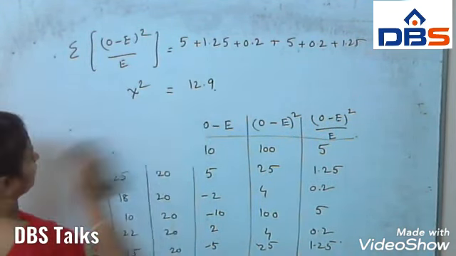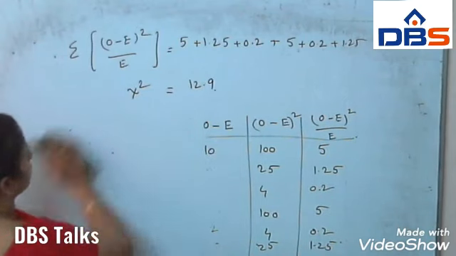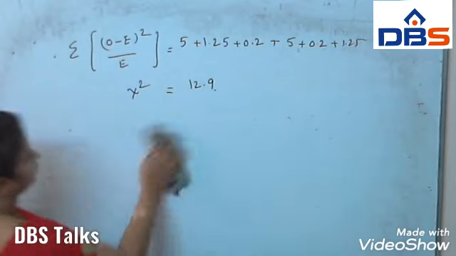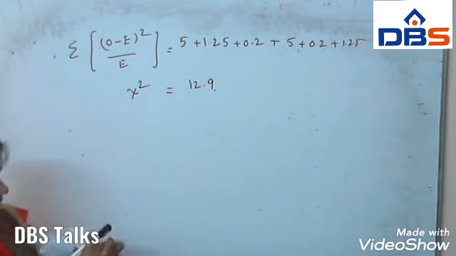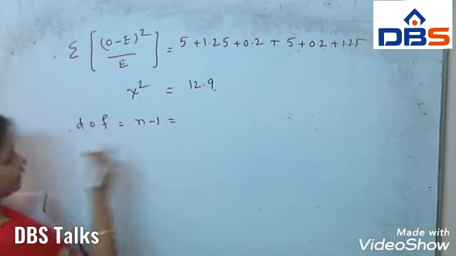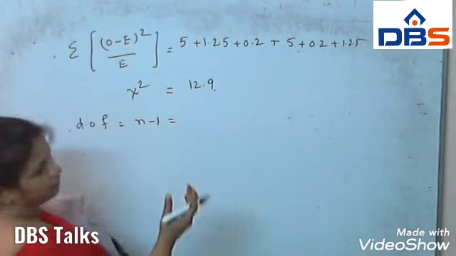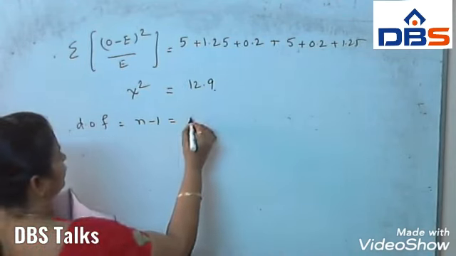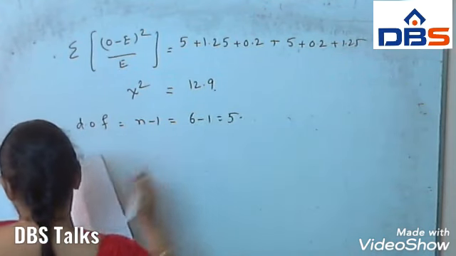Next, we have to go for the table for chi square. We have to get the value of chi square from the table. For that, degrees of freedom equal to n minus 1. N means how many values are given in the data? 1, 2, 3, 4, 5, 6 values. 6 minus 1, 5.